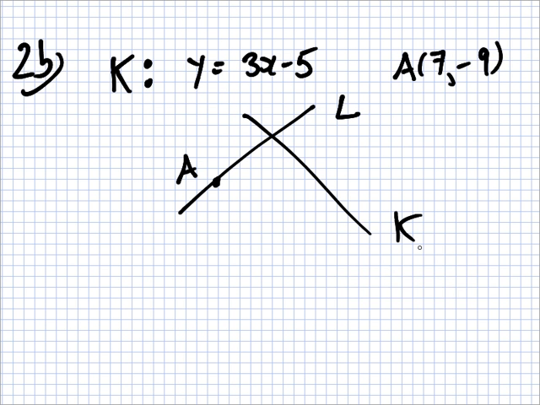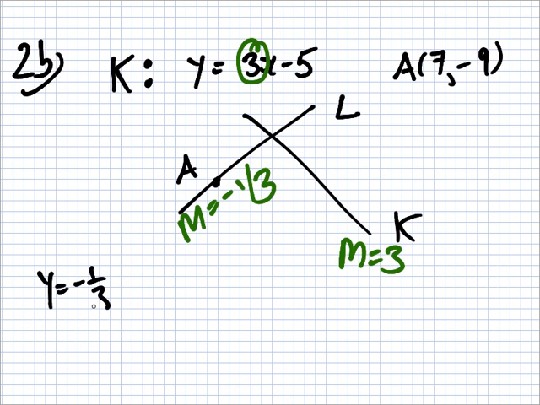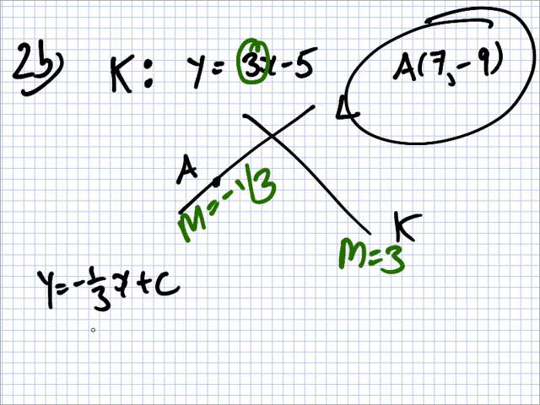What should I do first now? Slope. What's the slope of K here? 3. So for this one it would be minus 1 over 3. Now I have y equals minus 1 over 3x plus c. Put this point in. Minus 9 equals minus 7 over 3 plus c.